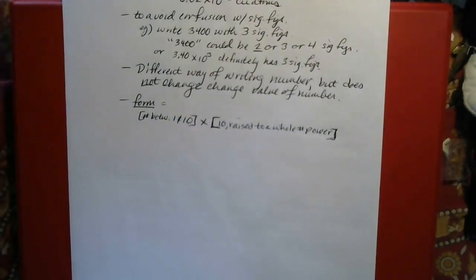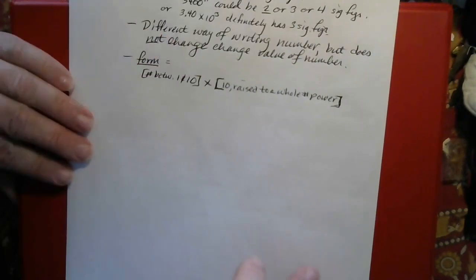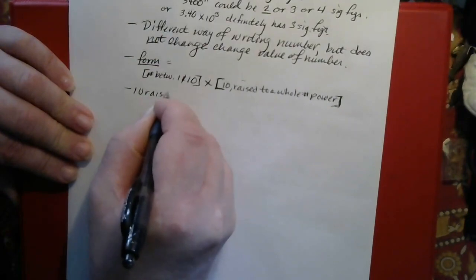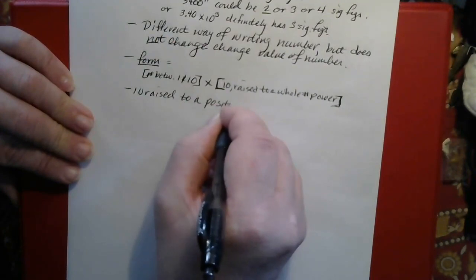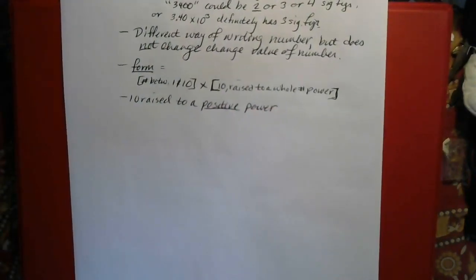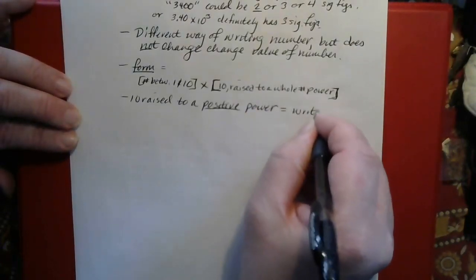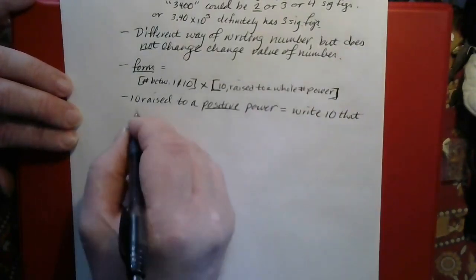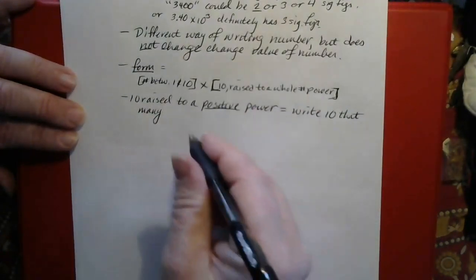Just in case you're not that familiar with the concept, I'll start out by explaining what raising 10 to a power means. If the power is positive, then what that means is it's equivalent to writing 10 that many times, that is, the number of times in the power, and multiplying.